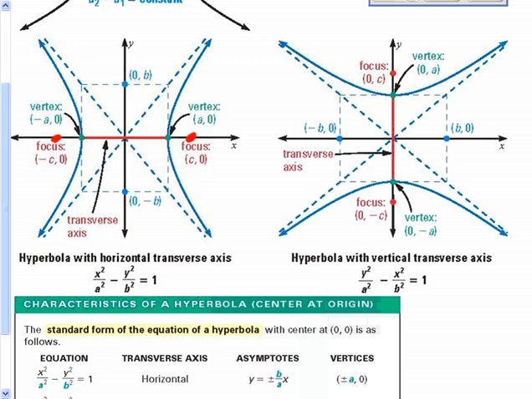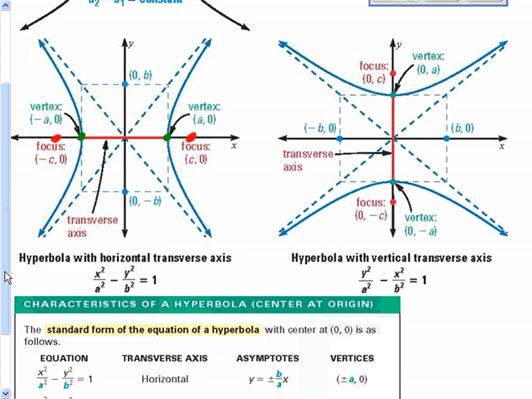We're going to wrap the hyperbola around those foci. If you draw the horizontal line between the foci, you're going to intercept the hyperbola at these two points. Those two points we're going to call the vertices, and they're a distance a away from your center here.